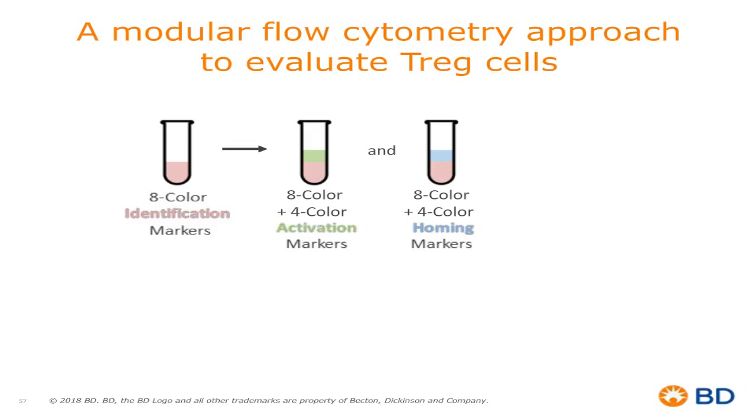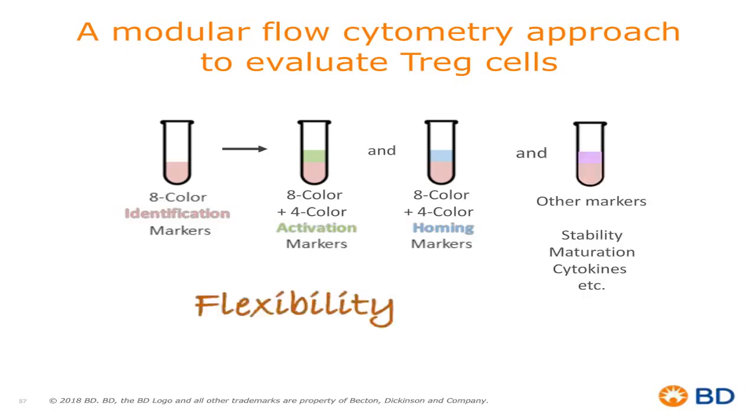Again, this was for T regulatory cells, but it could be applicable to any type of panel that your particular laboratory is running routinely. And again, there's a tremendous amount of flexibility. I know I can clearly resolve my core populations of interest from my backbone panel, and I can add in other drop-in panels, whether I want to look at cytokine expression, or whether I want to look at maturation.